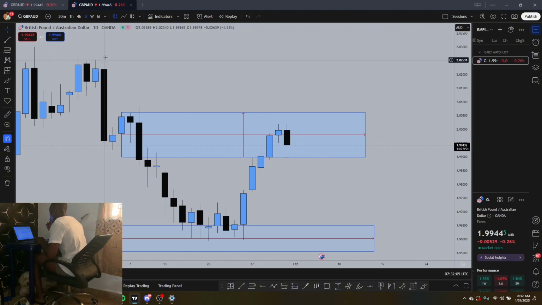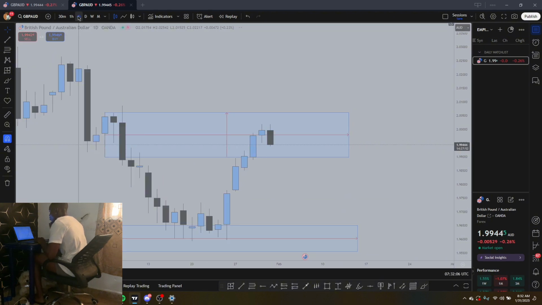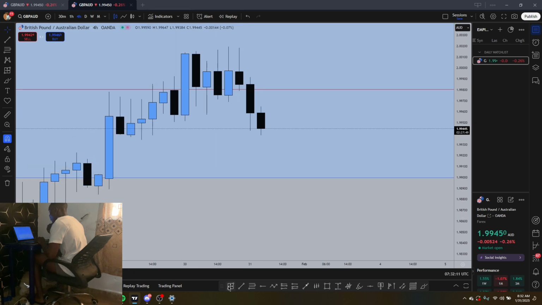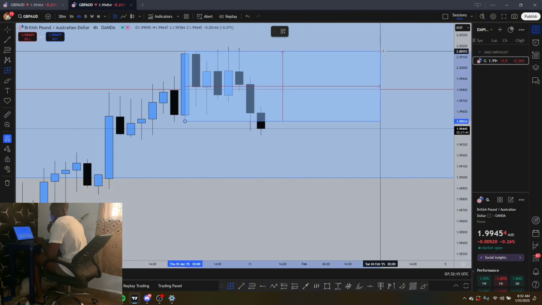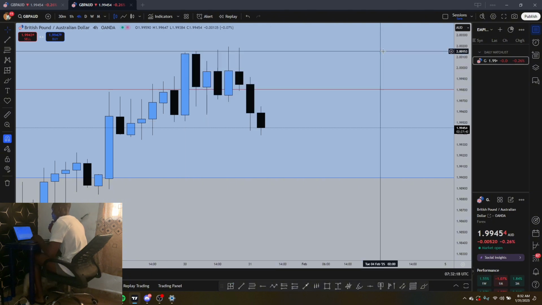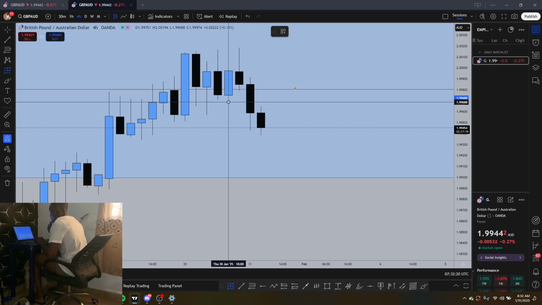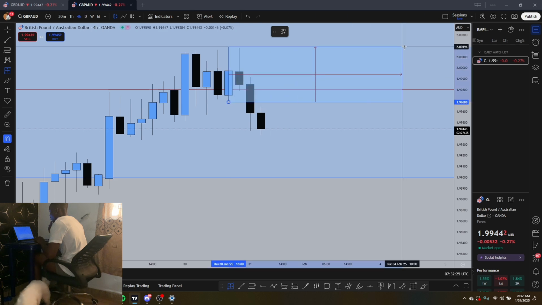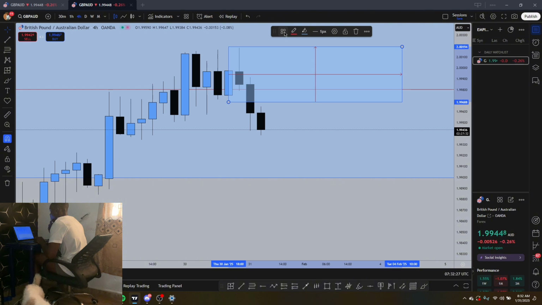Where would I want to enter, and what do I want to see to enter? This was the last bullish candle before the start of the bears, so lows have been created.